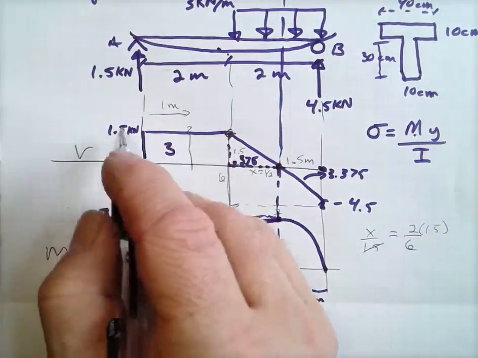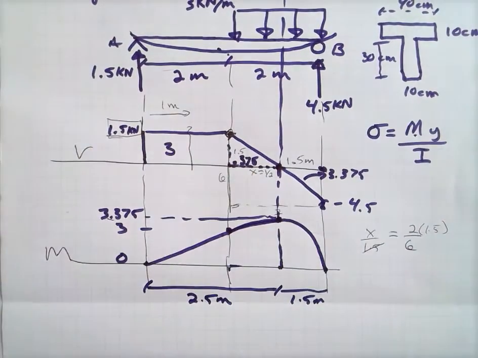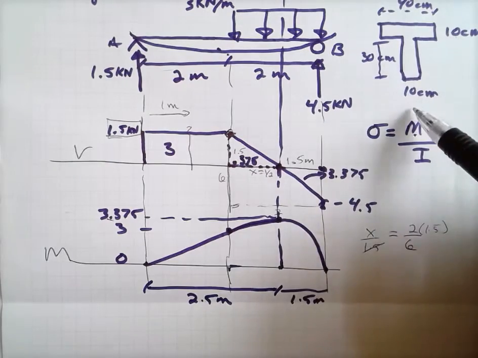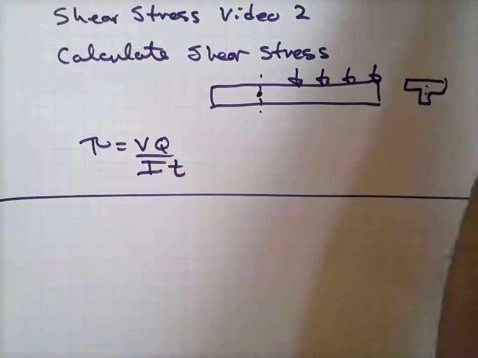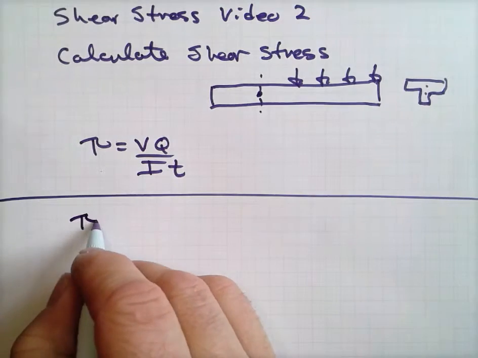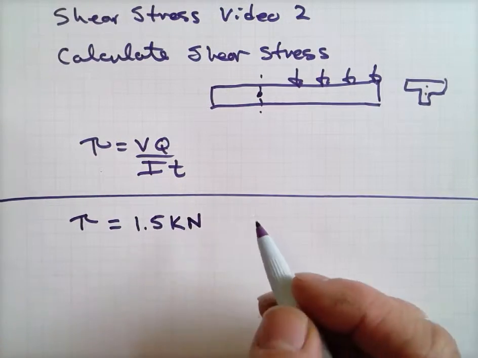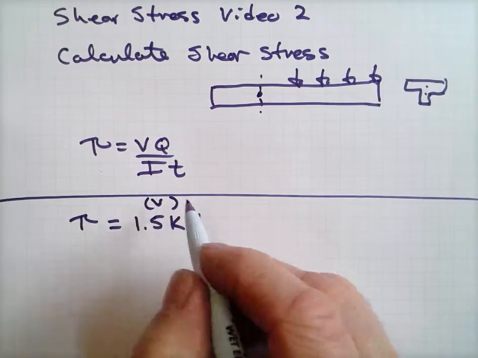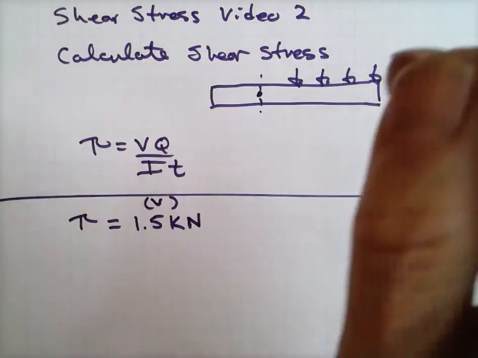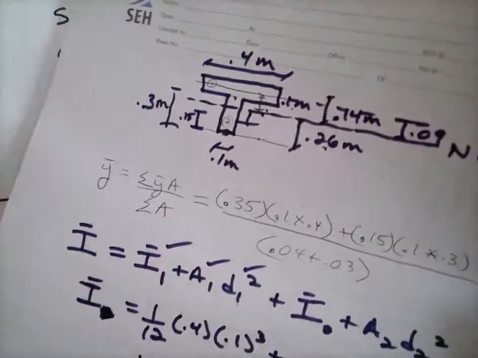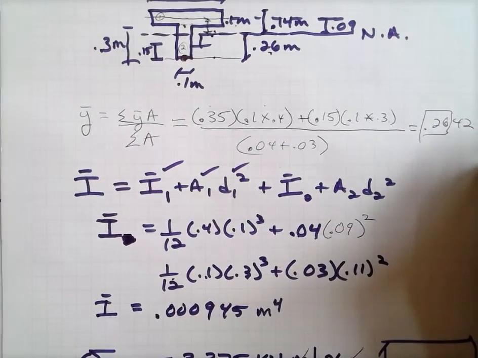The shear load, the V, is 1.5 kilonewtons. And we'll use this cross section here, the 40 centimeters, the 10 centimeters, and the 10 centimeters. So shear stress equals 1.5 kilonewtons. That's the V. And then in that same video, we took the time to find the centroid.